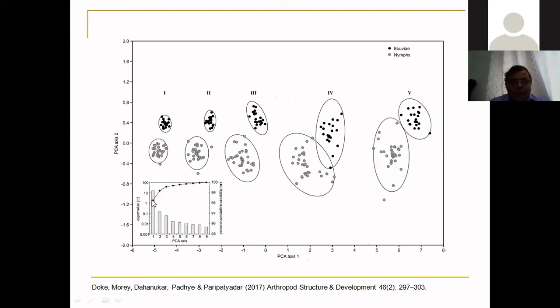In this case you can see that 98% of the variation is explained by the first principal component itself, and the remaining 2% is explained by the remaining components. So you don't even need to look at the remaining ones. The first principal component is nicely explaining how the organisms are varying from each other.